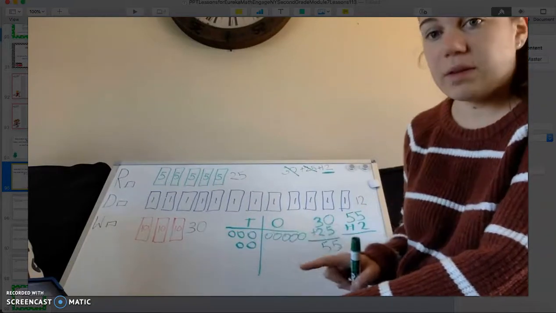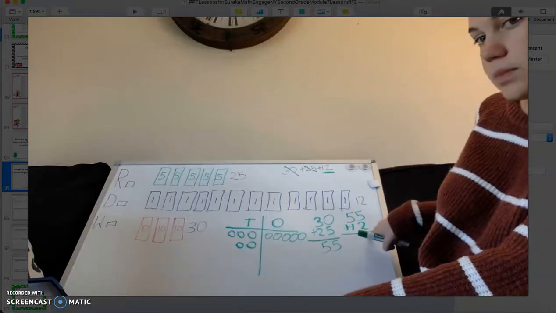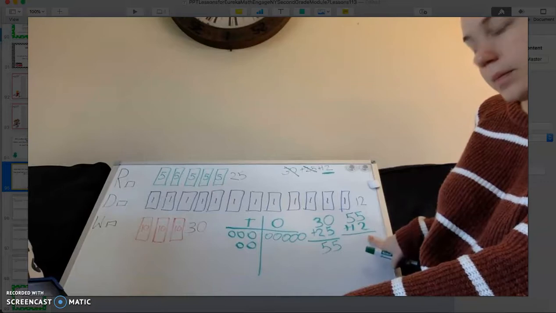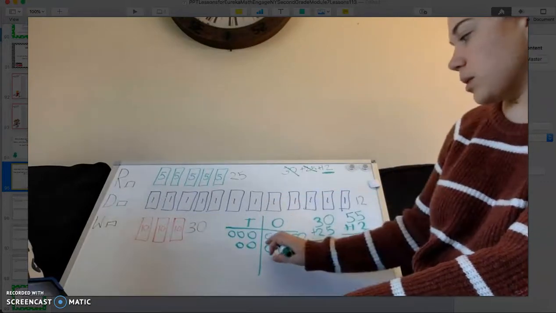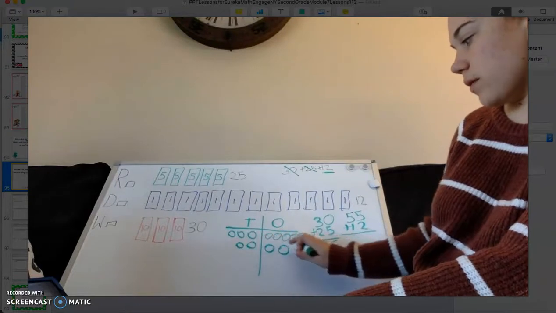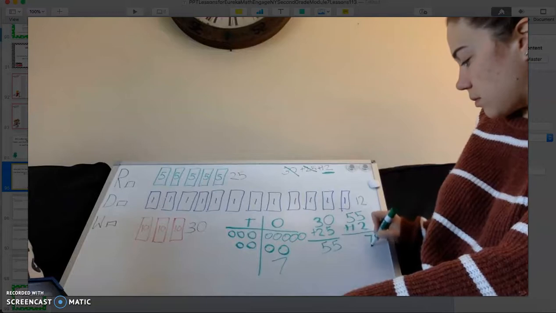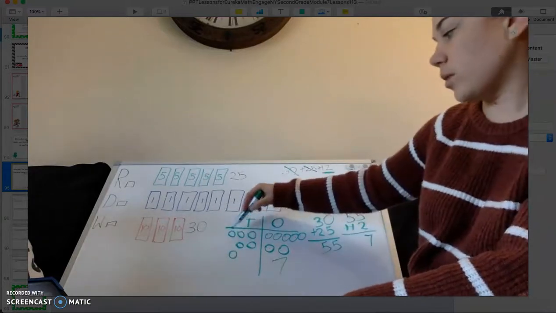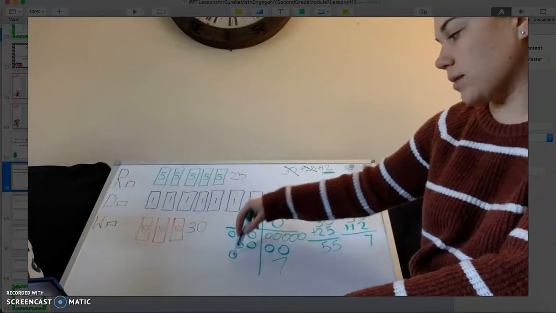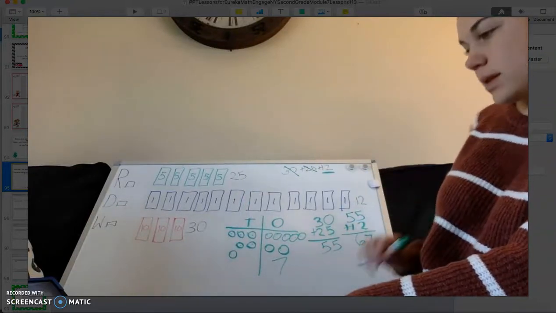And we already have 55 on here, so now we're just going to add our 12. Remember, start in your 1s. How many are you adding? Good. 2 ones. Let's see how many 1s we have. 1, 2, 3, 4, 5, 6, 7. Now add your 10. Let's count. 1, 2, 3, 4, 5, 6. So 55 plus 12 is 67.